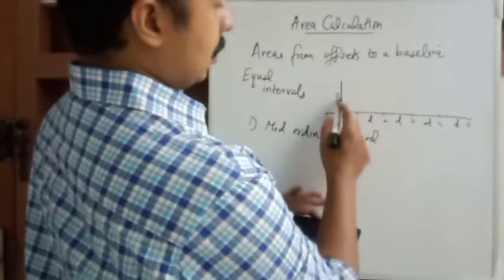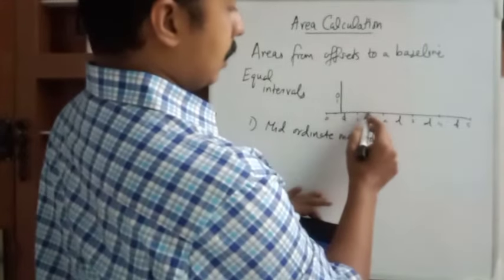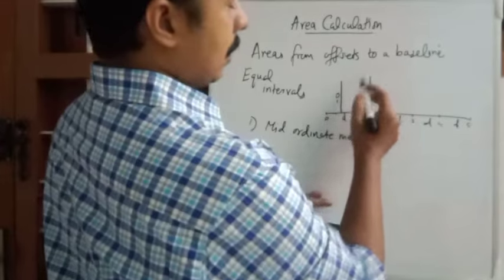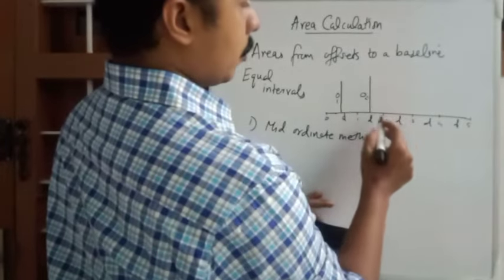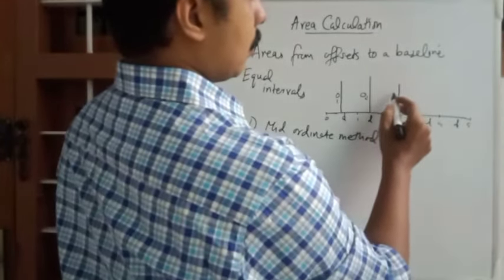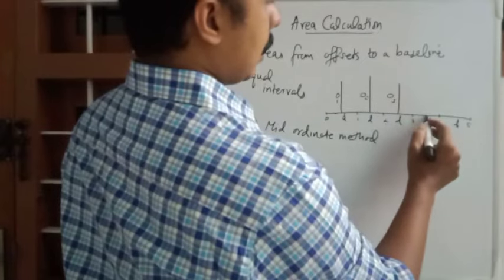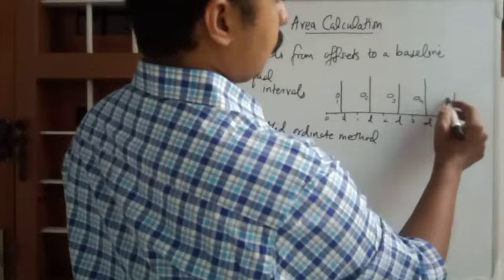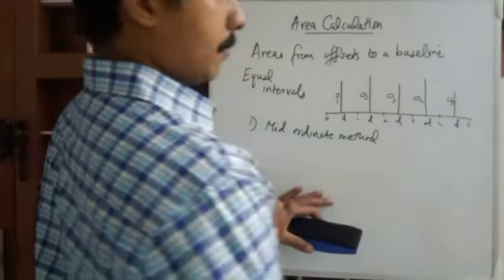First one, we will be taking offset O1. Second one, from the second division, O2. Third one, O3. Fourth one, O4. Fifth one, O5.